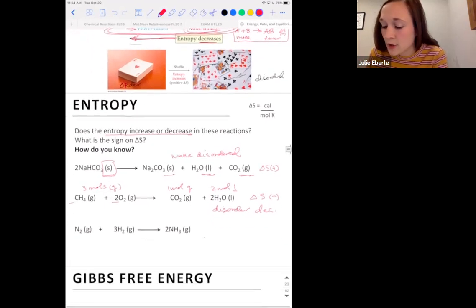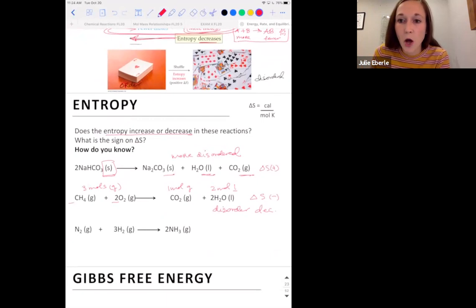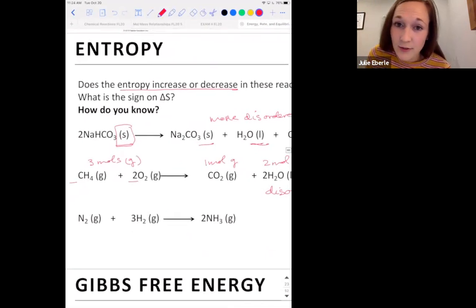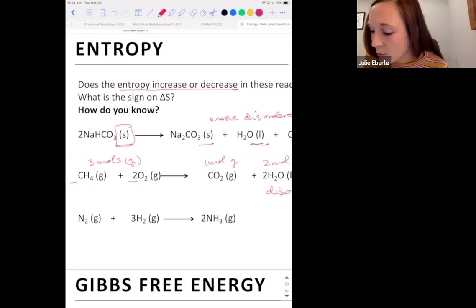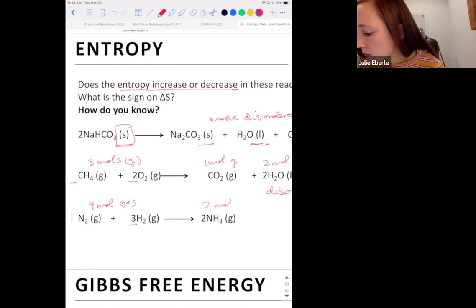All right, let's look at number 3. What did y'all think for 3? Is delta S positive or negative for number 3? Negative, negative, negative. Okay. So it seems to be unanimous that it's negative. Well, this is actually one we looked at on the previous slide. So if you were paying any attention on the previous slide, you know the answer here. We have 1 mole of gas plus 3 moles of gas means 4 moles of gas on the reactant side, and then we have 2 moles of gas here.